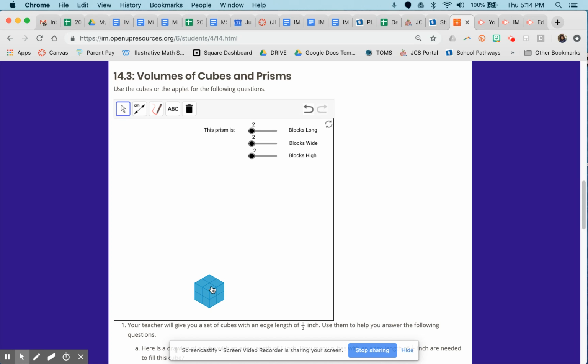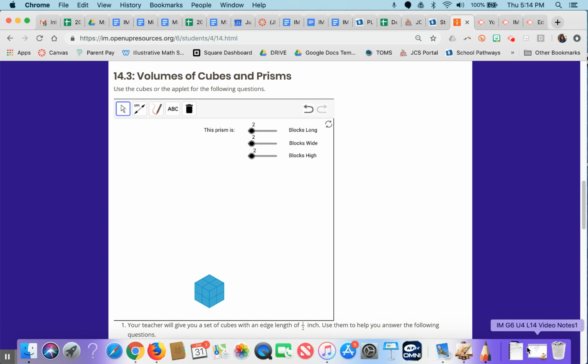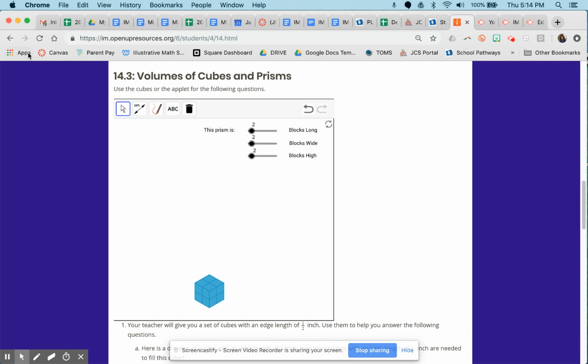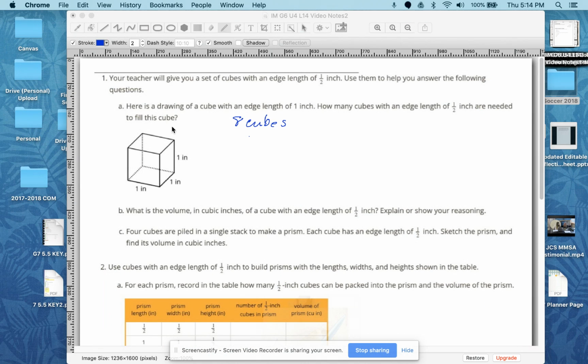And we know 1 times 1 times 1 is 1. They want to know, what is the volume of just this tiny little cube? Well, how many cubes did we say we had in there? We had 8 cubes. So if we take 1 of them out, we're taking 1 out of 8 cubes. So the volume is going to be 1/8 of a cube.